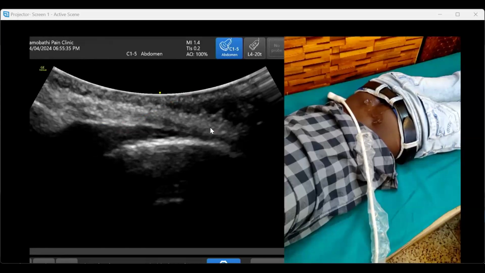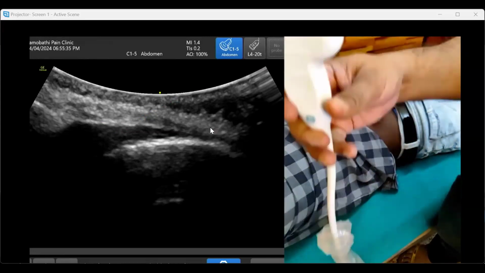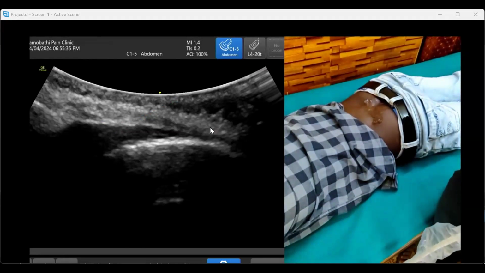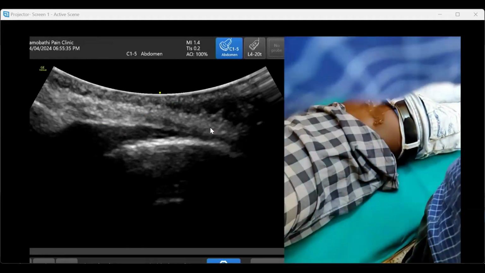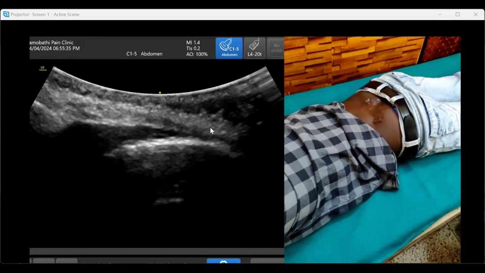So I'm showing the same thing with the linear probe. Okay. So let me change the probe.